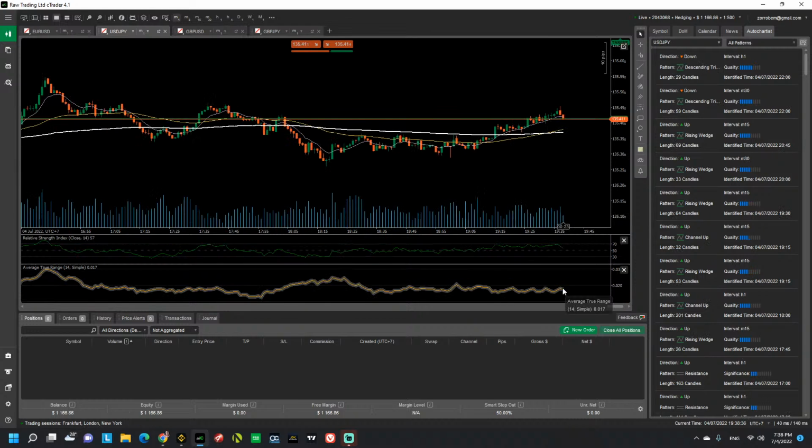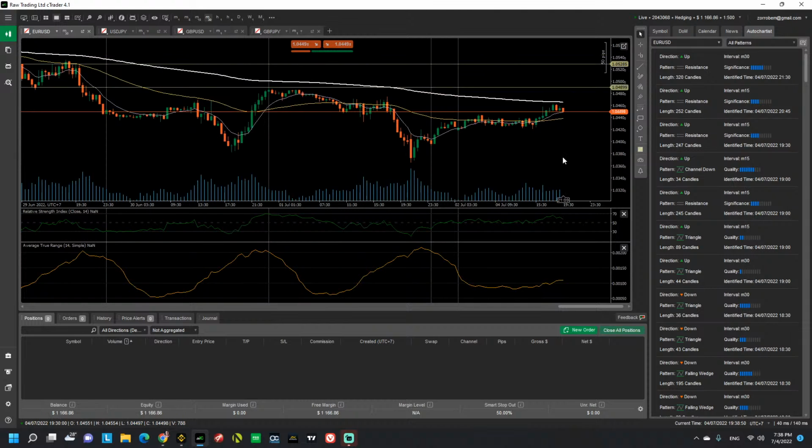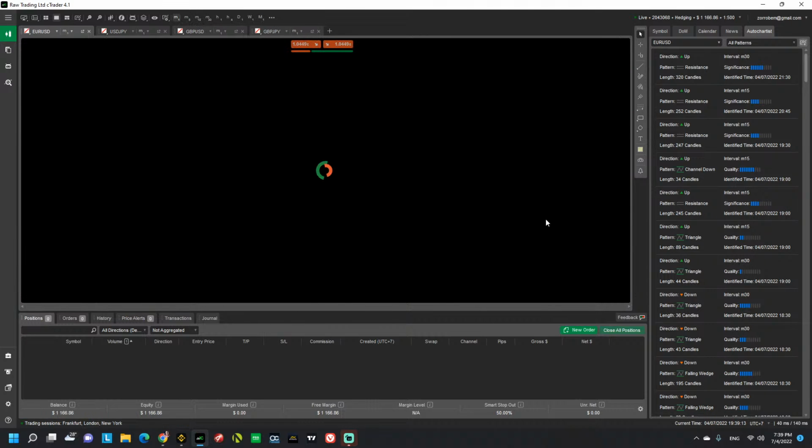So right now it's going through and scanning the market. Let's see the 30 minute. So right now in the 30 minute, it is in the 200 moving average with a fairly low ATR, average true range. That is moved up, so I'm leaning towards a sell.